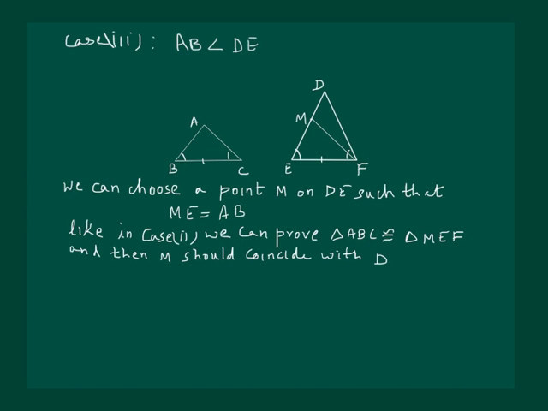And so, if M coincides with D, then triangle ABC will be congruent to triangle DEF by the SAS property of congruency.